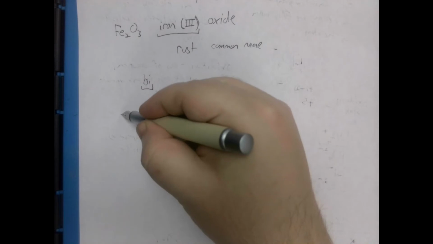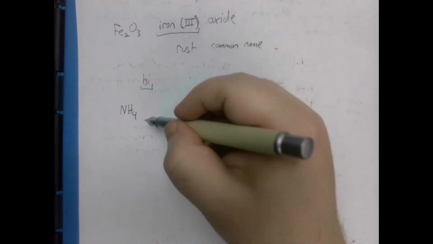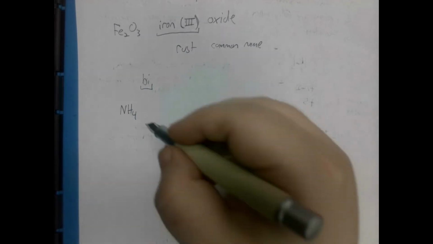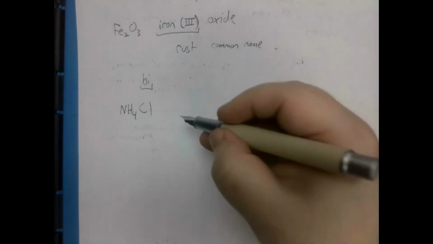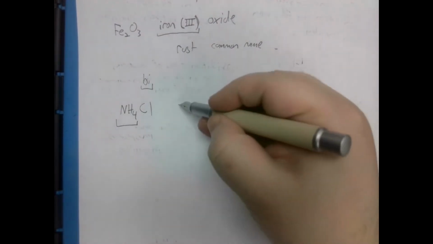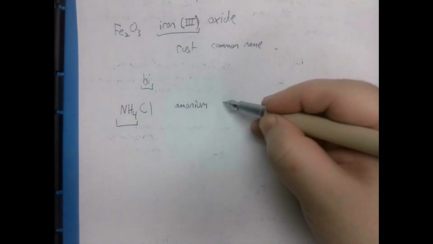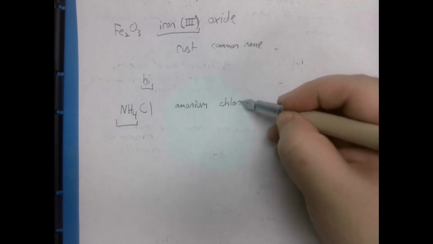So this is ammonium, and so that's the name of the cation, and then one chloride.